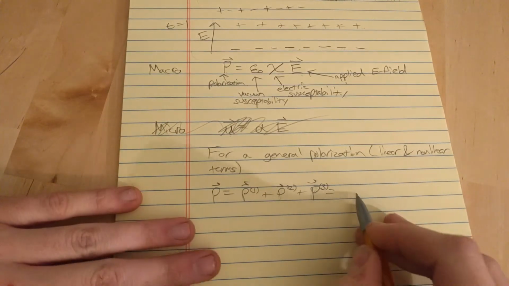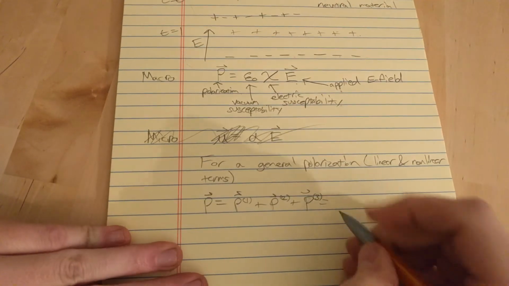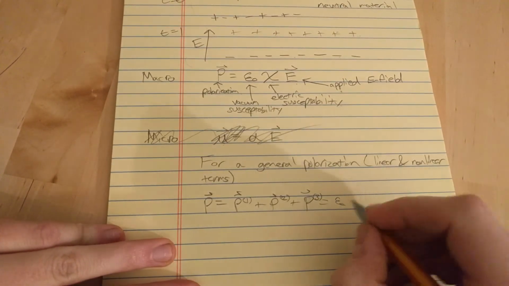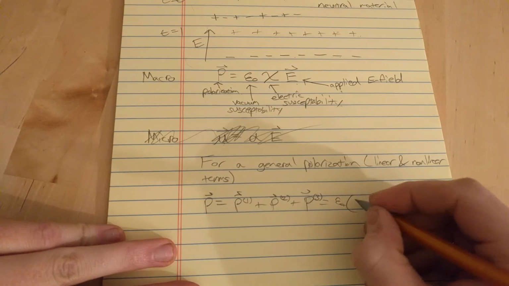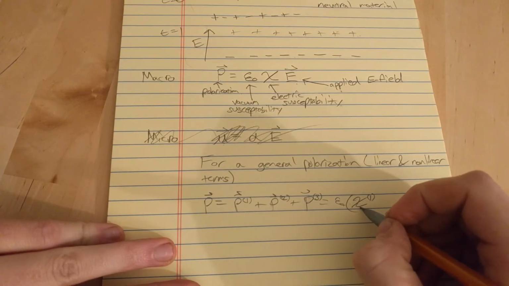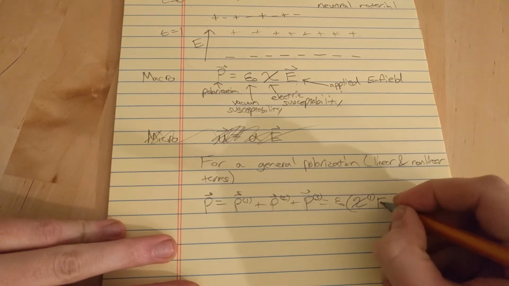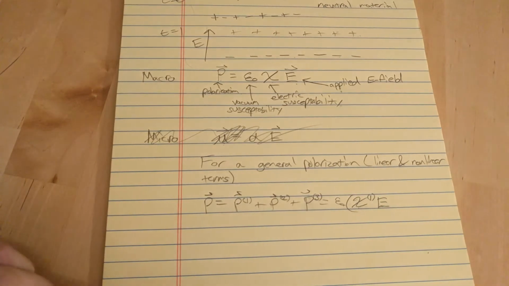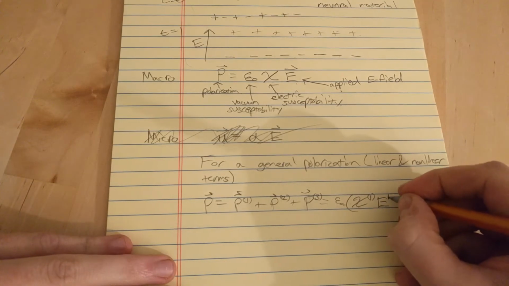And the right hand side, where the chi's and electric fields are probably just what you think. The universal constant stays the same. Chi 1 is a first order susceptibility times just the electric field to the first power. So that's the linear term.